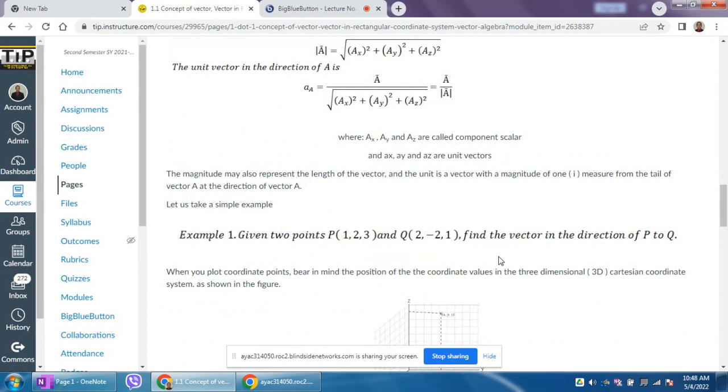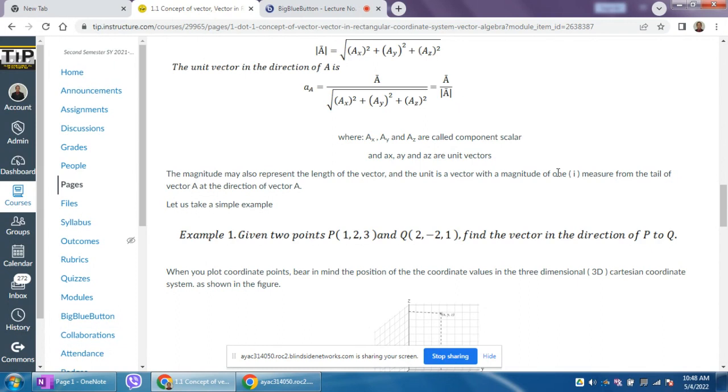Now, the magnitude may also represent the length of the vector, and the unit vector is a vector with a magnitude of 1. Okay. Uulitin ko po yun, i-emphasize ko.